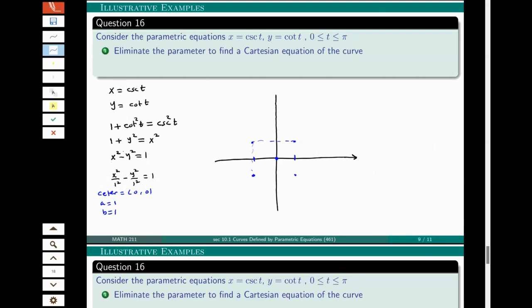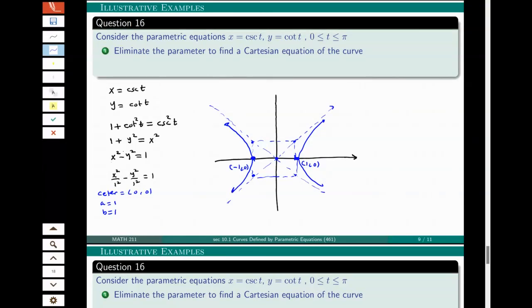So we get this fundamental rectangle; in this case, it is a square. So we will draw the diagonals, and the diagonals will be asymptotes for the graph. The vertices are here at 1 and 0, and there at -1 and 0. So the graph of this one will be that one.